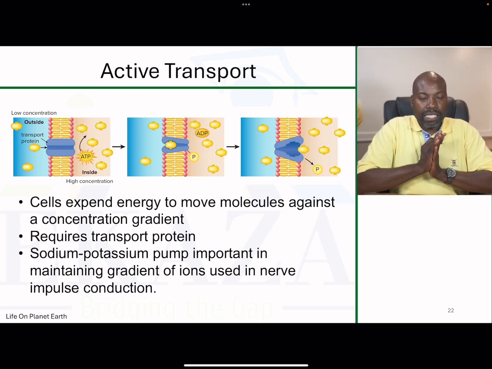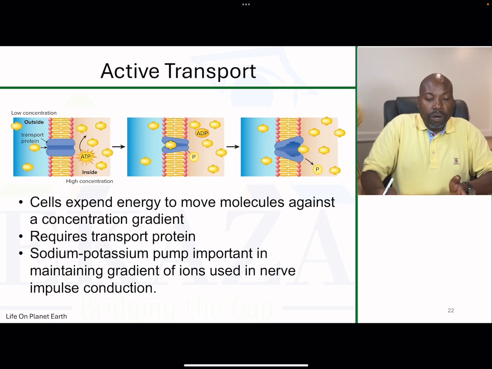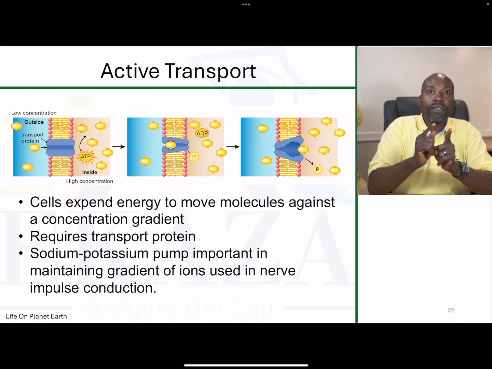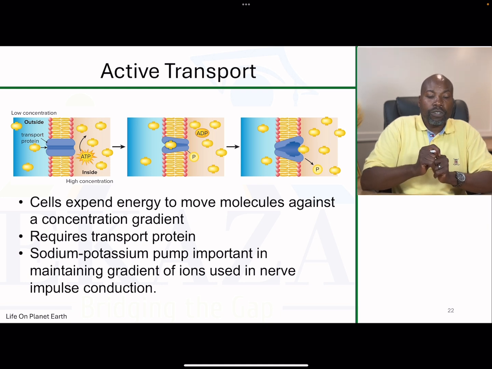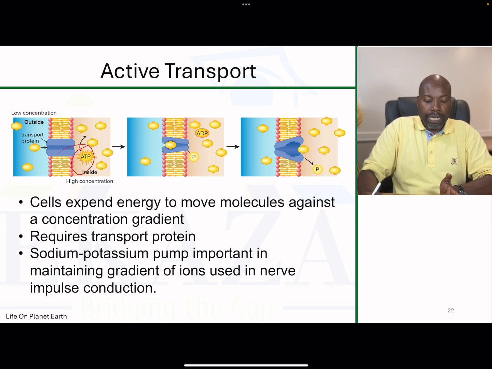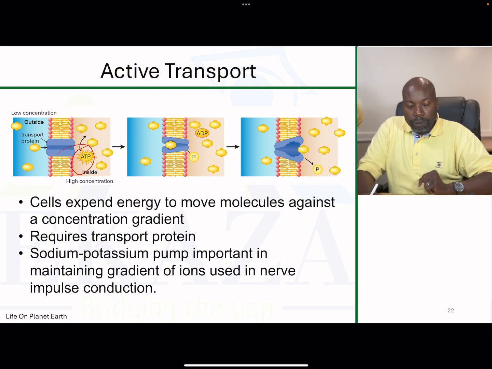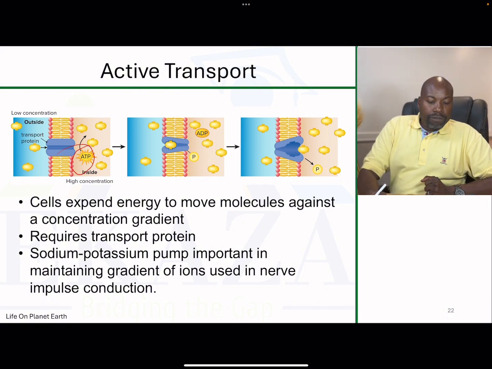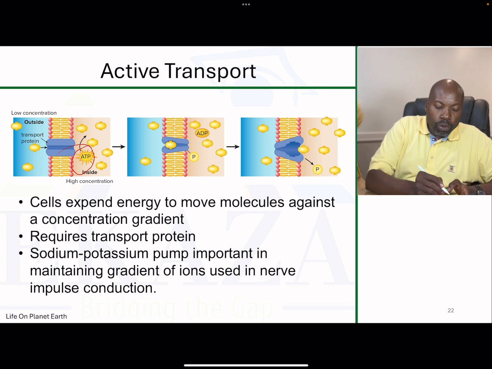So how about active transport? Active transport, again, requires input of energy. And most of the time, if not all the time, that input of energy is going to be in the form of ATP, right? Now, that's one. Two, these active transport systems are going to require transport proteins.